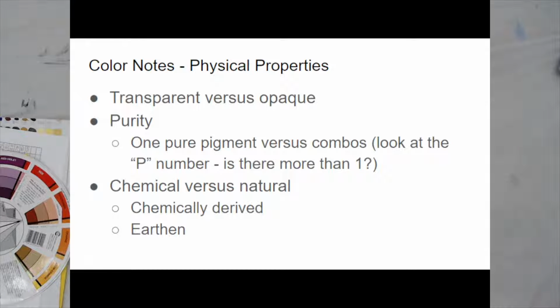Warms and cools of each primary plus a few extra colors is really all you need to be able to mix almost any color you need. Unless it's a particular favorite mixture that you're going to use over and over again and you want to save yourself some time, then that's another thing. But when you're starting out, don't do that.